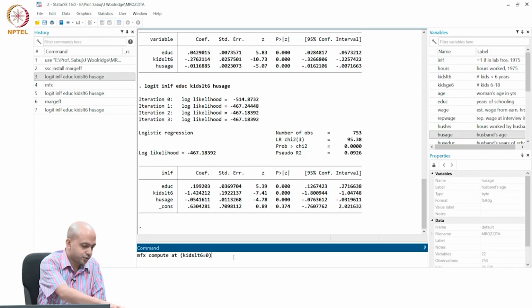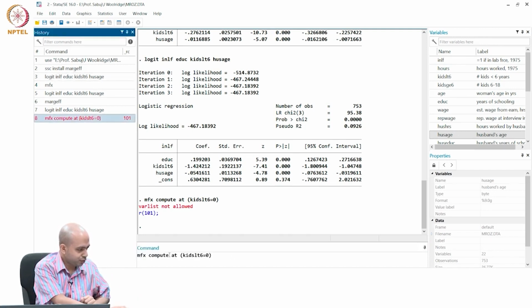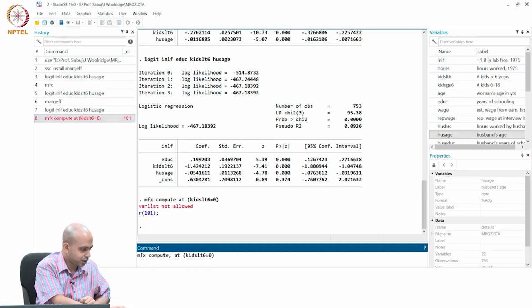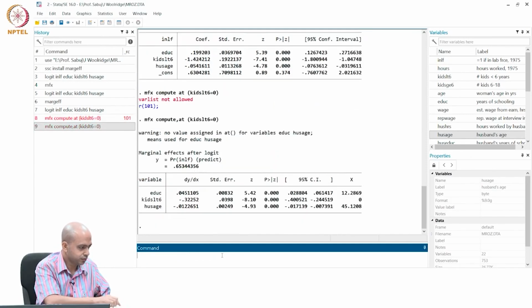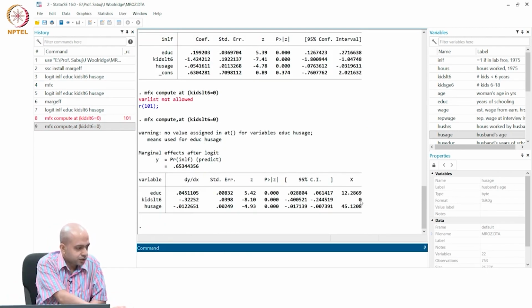Sorry, I made a mistake in my command here. With mfx compute, we have to put a comma and then add kids LT 6 equals to 0. Now, look at what is happening. Stata has calculated the marginal change assuming kids equals to 0.